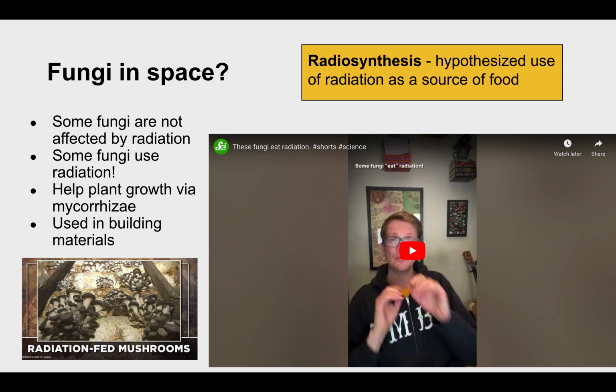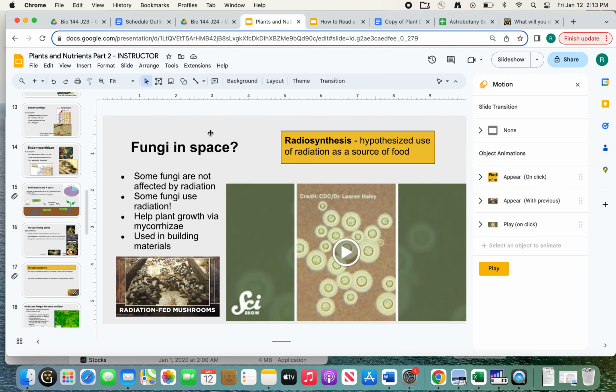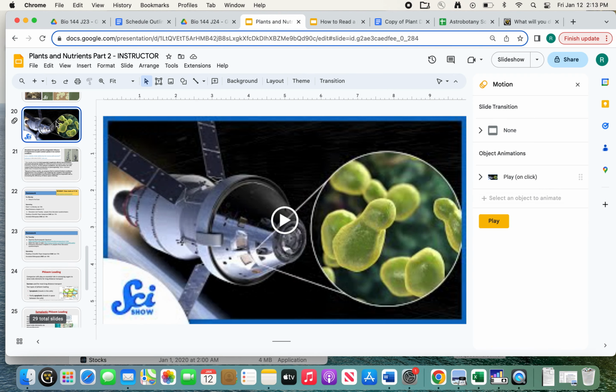Mycorrhizae could also be used in building materials. Fungi grow fast, so we don't have to ship building materials. We can simply grow our building materials. It's kind of crazy. So I'd encourage you to watch this video as well as the video I have linked on the next slide.